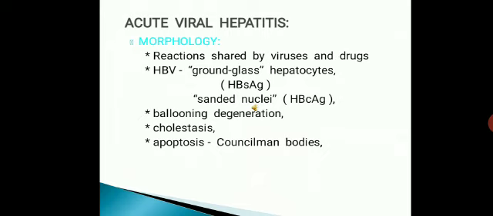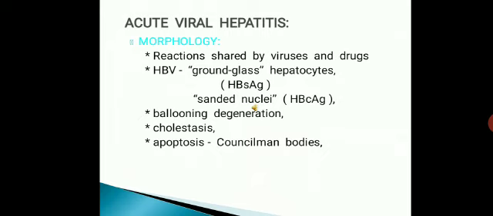The electron microscope shows that this surface antigen is of spherules and tubules type, which is present in the cytoplasm of the hepatocyte, giving it a ground glass appearance. There can be sanded nuclei. The core antigen is present in the nucleus of the virus, giving it a sanded appearance.